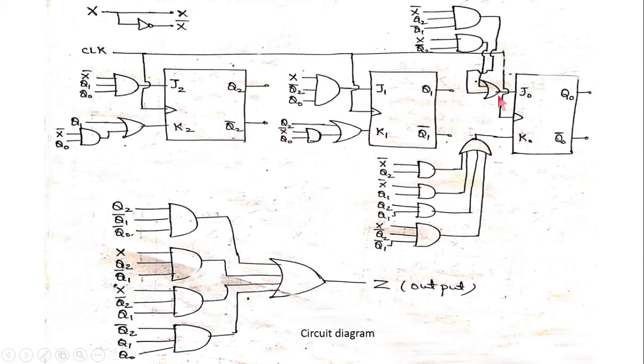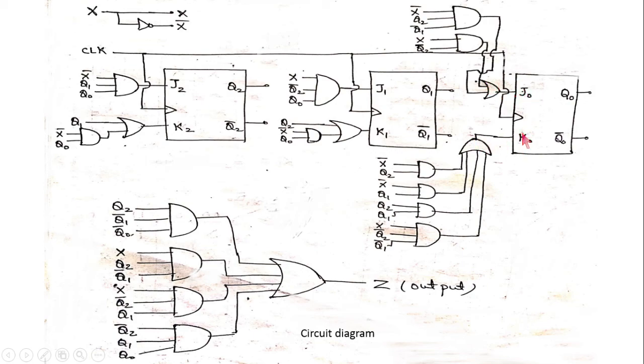Similarly for J0, we have 2 terms, X bar Q2 Q1 bar plus X Q2 bar. So these 2 terms will be created by 2 AND gates, 3 input and 2 input. The 2 input one will be X and Q2 bar, the 3 input one will be X bar, Q2 and Q1 bar. These are fed to an OR gate with 2 inputs, and this is connected to J0.